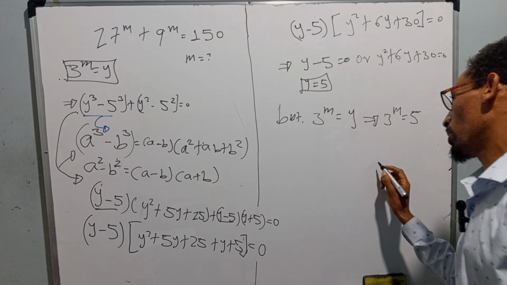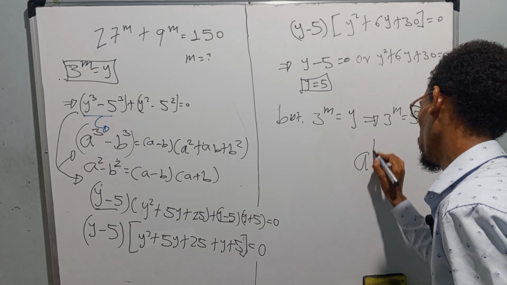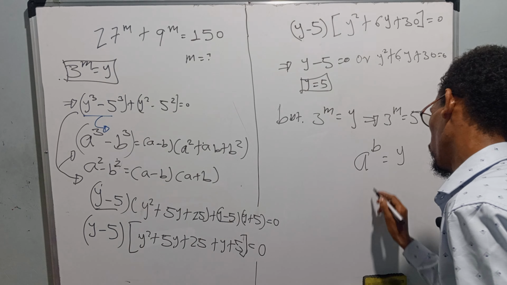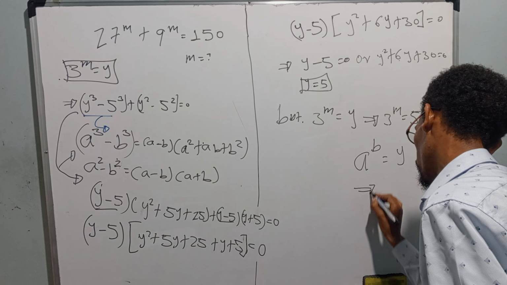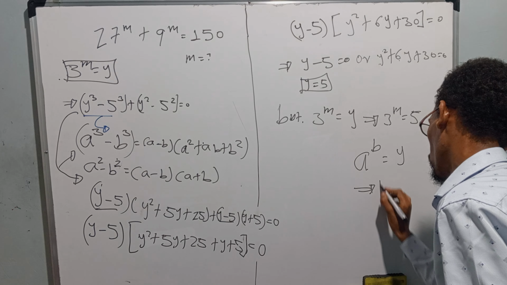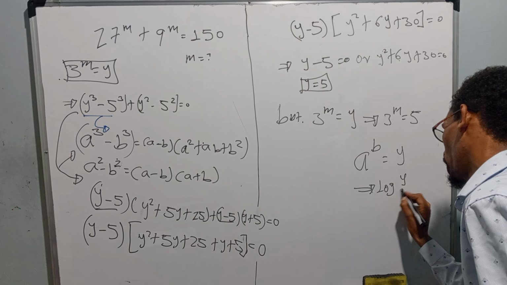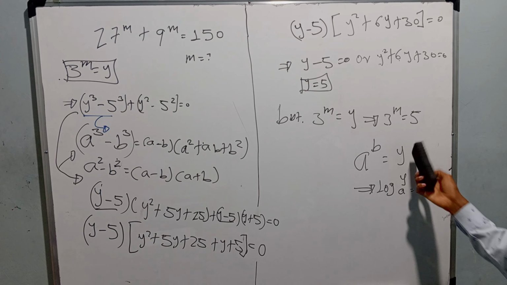So we always remember that a to the power of b equal to y if and only if it is expressed as log of y to base a equal to b. So we can apply this rule here.